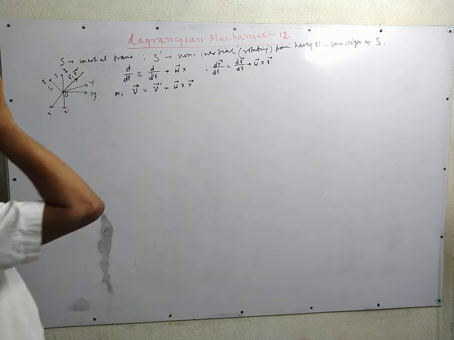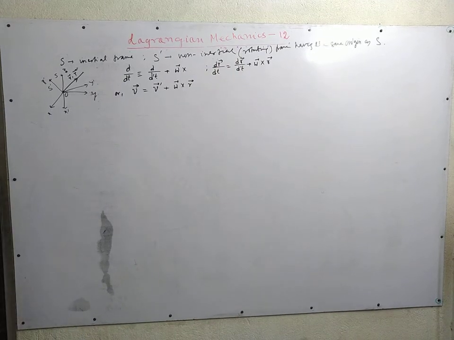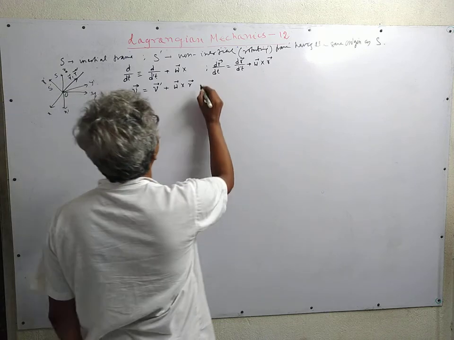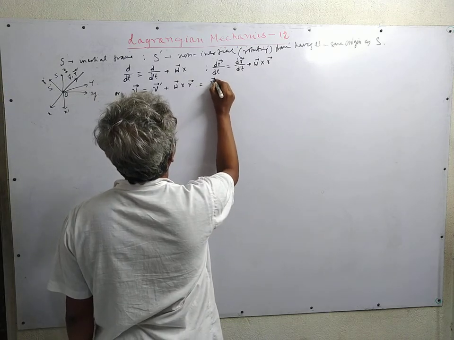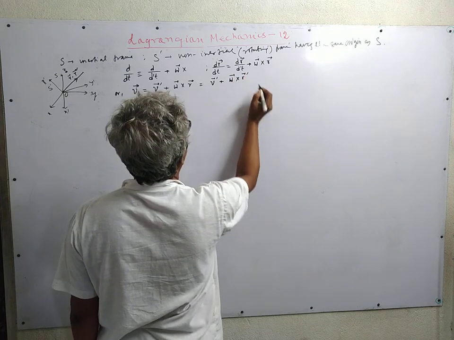The same R is equal to R prime. The only difference is that when we write R in the S frame, it is i cap x plus j cap y plus k cap z, and when we write R prime in the prime frame, it is i prime cap x prime plus j prime cap y prime plus k prime cap z prime. Only this is the change, so we can write V as V prime plus omega cross R prime as well.